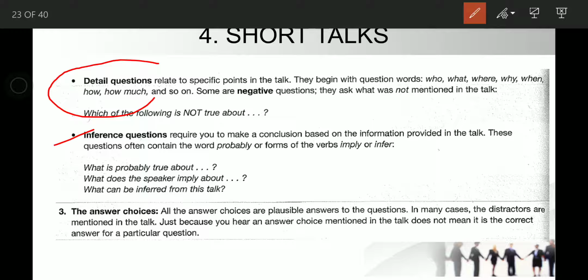Maybe you want to take a look at these tips. They say that sometimes, in many cases, there are some distractors. There is some kind of option that is created to be similar to the correct answer.